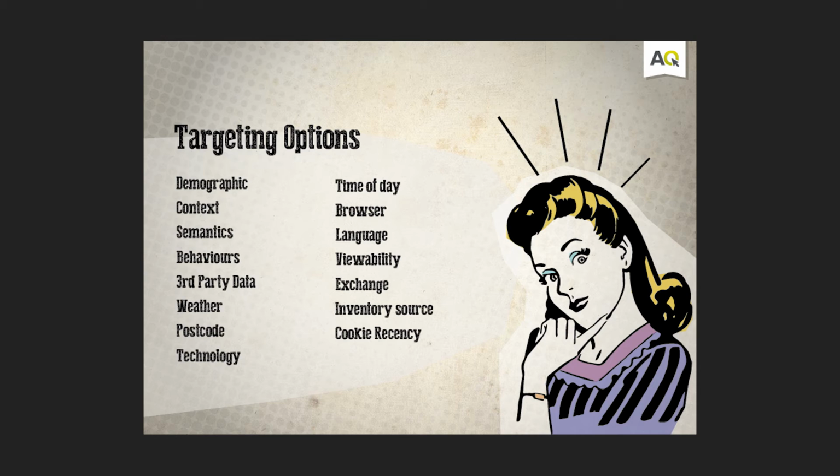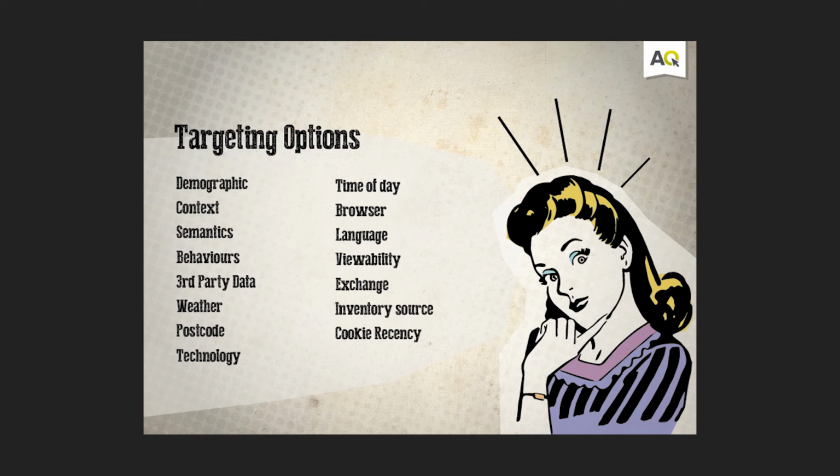You can target by browsers, Chrome, Safari, Firefox, Mozilla, Internet Explorer. You could language target the browser. You can target by viewability. You can target above the fold, below the fold. Viewability is great because it helps you use a pre-bid and a post-bid solution to make sure that your ads are served on viewable environments.